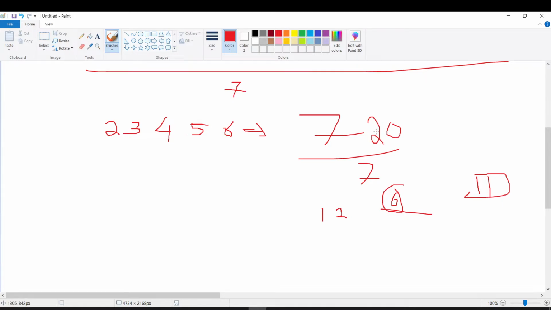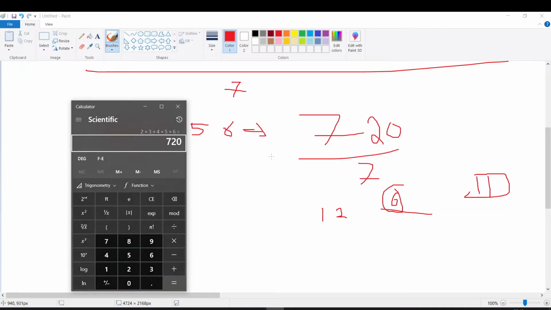Let me check 720 by 7 again. Yeah, it's 6. Okay, this is correct. So we'll be getting a modulo of 6.